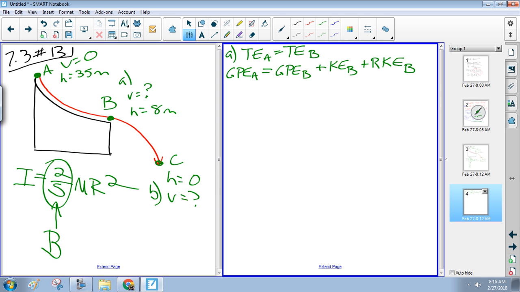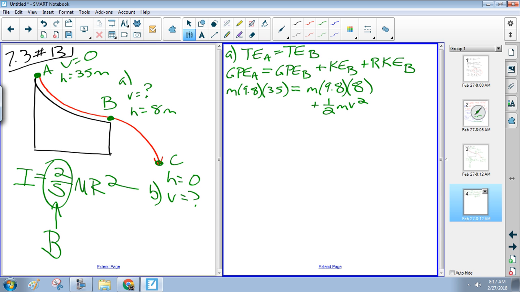Okay, so let's plug in our numbers. So the GPE at A, that should be his mass times 9.8 times the height. So that's A. At B, his GPE is mass times 9.8 times his height there, which is 8. Plus, let's see, kinetic energy at B. Well, that's 1/2 mv squared, right? And v is the thing we're looking for, right?